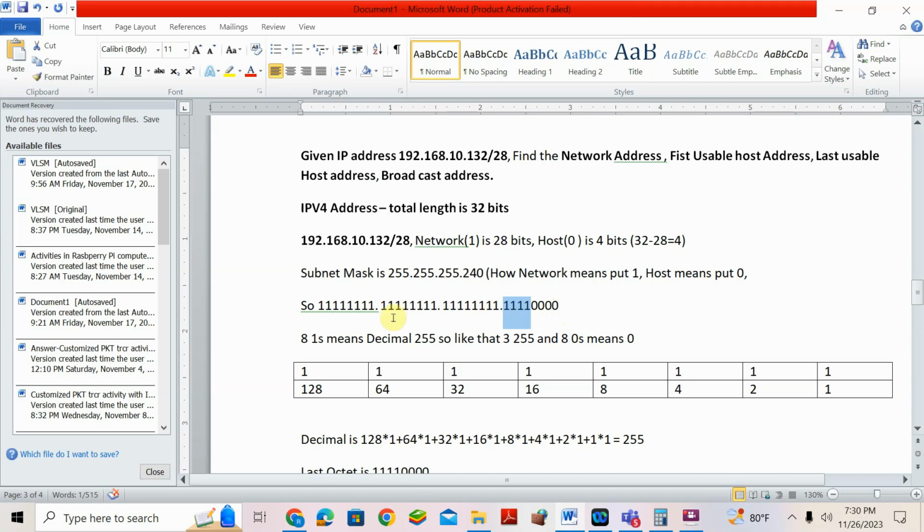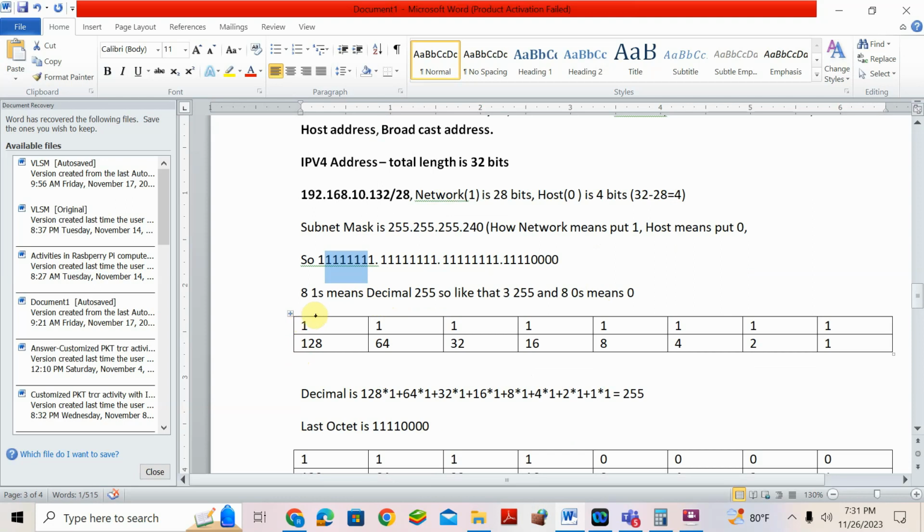Now how do we get this 255.255.255.240? This is decimal, so I need to convert this binary into decimal. You know 8 ones is 255. How do you get 255 from 8 ones? I will write 8 ones here, 1 1 1 1 1 1 1 1. Then I will write below 128 64 32 16 8 4 2 1.